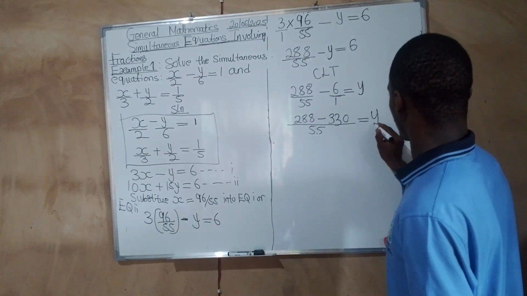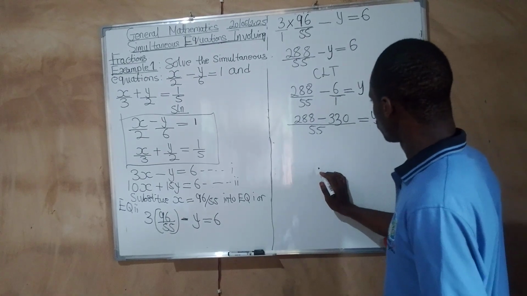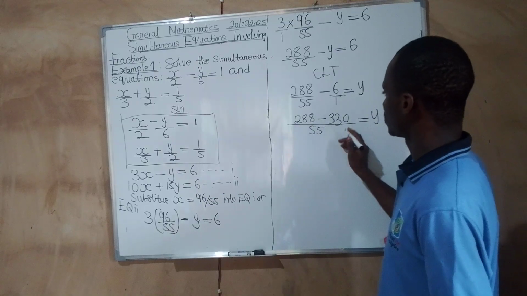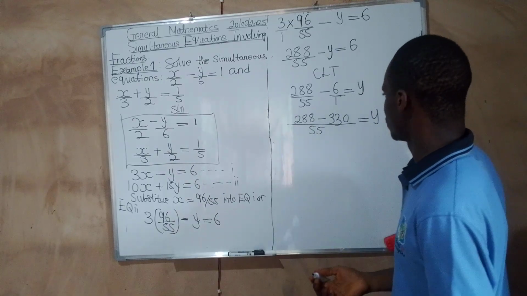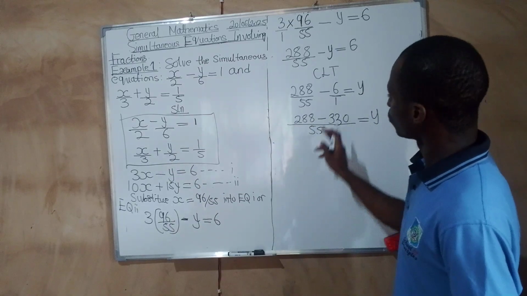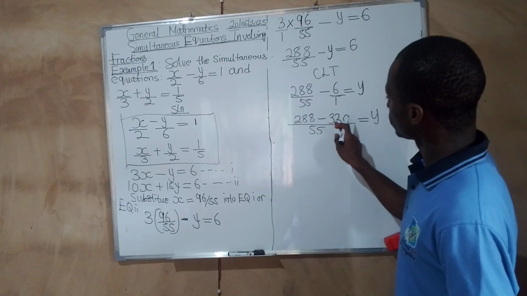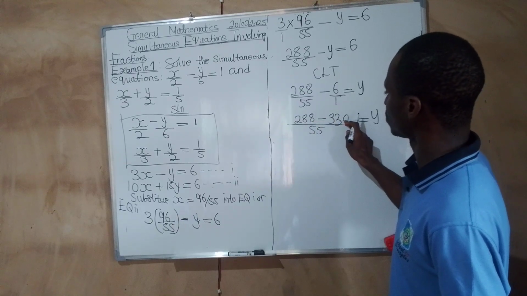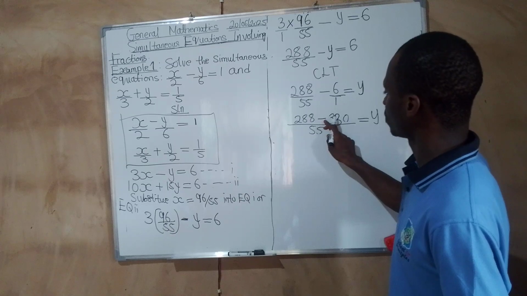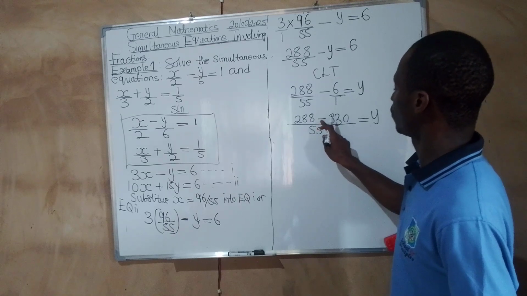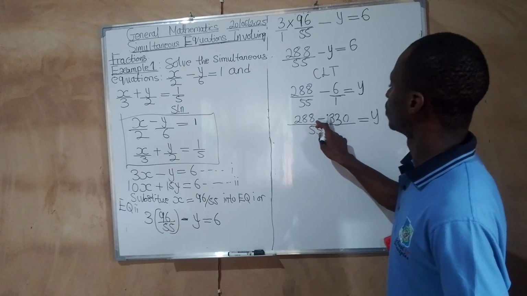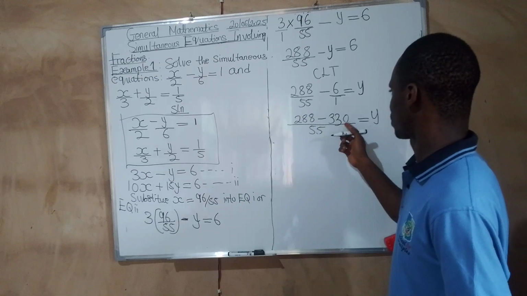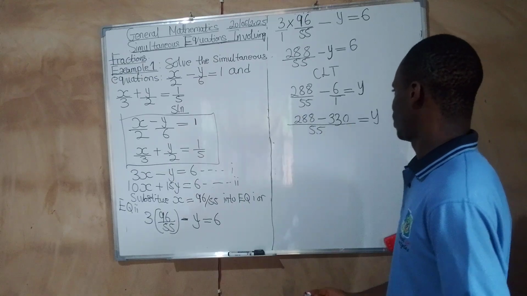So now we say 288 minus 330. You can see that this is a little bit greater in number, but it has a negative number, right? And you ask yourself, what will you add to 288 to make it 330?